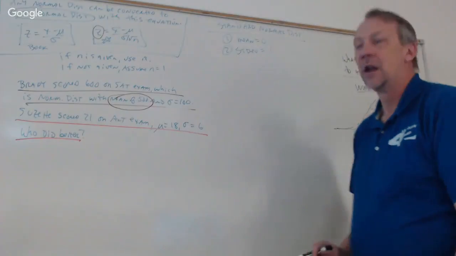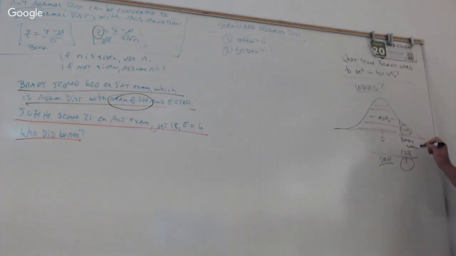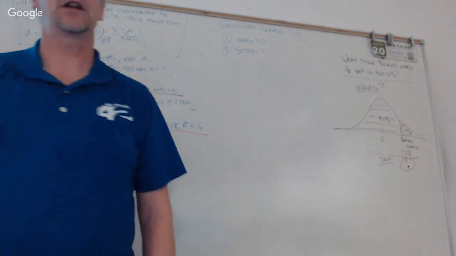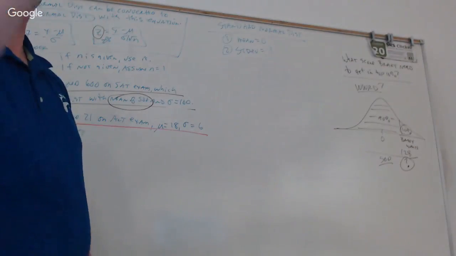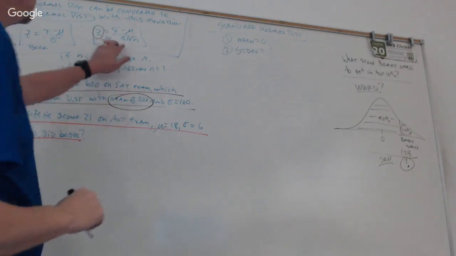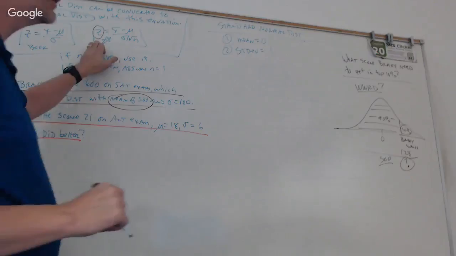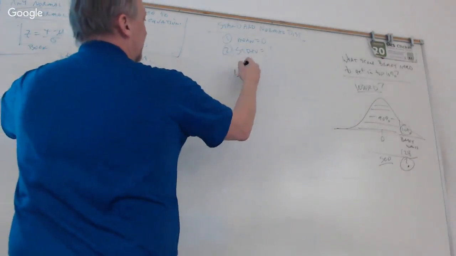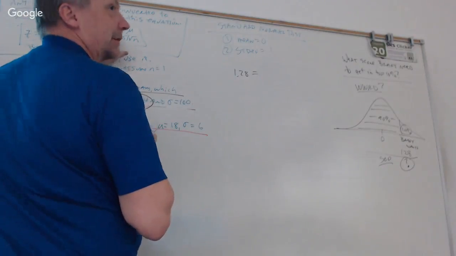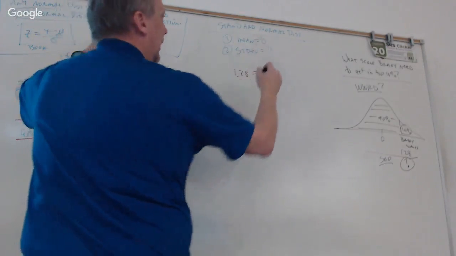All right, so I need to convert 1.28 to an SAT score, and I'm going to use this equation here. So let's have Ashley take it away because it sounds like she knows what she's doing. So z in this case equals 1.28. 1.28 equals x minus mu. We don't know what x is.